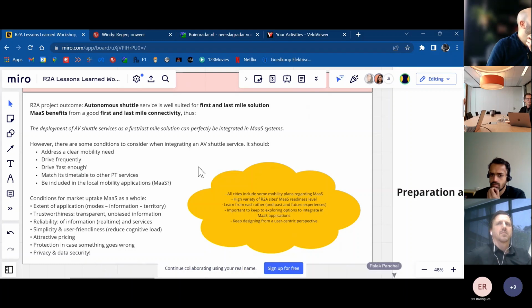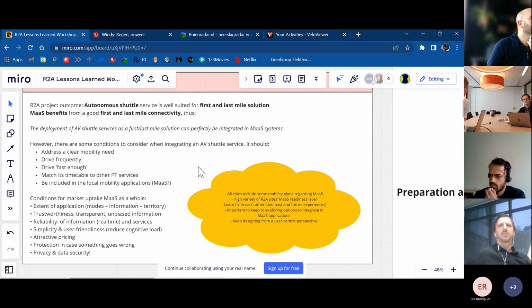Therefore, I think it's highly valuable to learn from each other. One way is through this deliverable, but also keep track of what is going on in other cities and try to mimic the good and best practices, not only from this project, but also from past and future experiences. It's an open door, but important to keep exploring options to integrate shuttle services in MaaS applications.